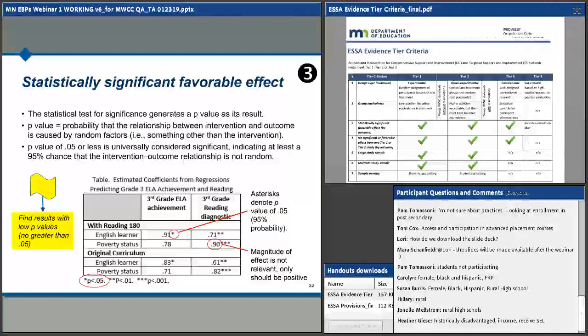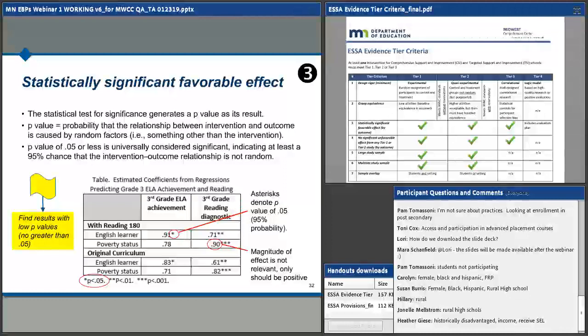And what you're looking for are p-values that are no greater than 0.05. And you look in the footnotes of the table for that usually. Here you have a p-value of 0.05. You have a p-value of 0.01, which is less than 0.05, and then p-values of 0.001, which are even lesser than that. The lower the p-value, the better.